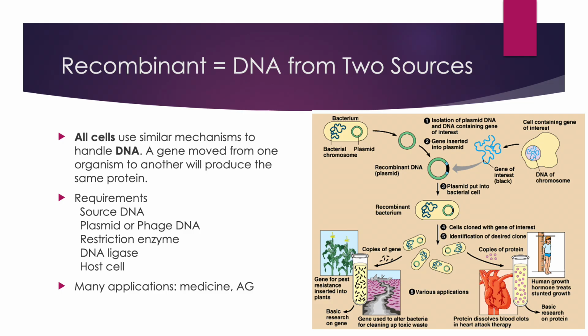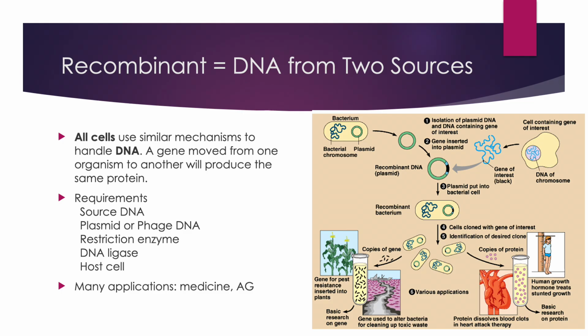Okay, and that's really recombinant DNA, or genetic engineering, is that you take DNA that you're interested in, and you cut it using restriction enzymes, and then you can heal it with DNA ligase. Okay, and if you put it into a plasmid, that plasmid is easily inserted into another cell.